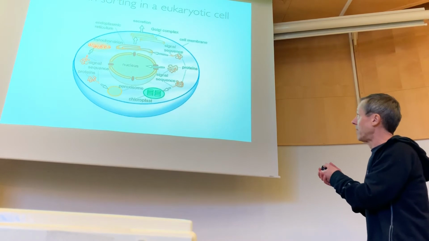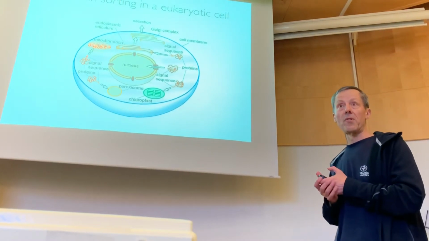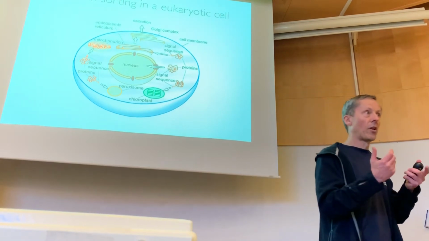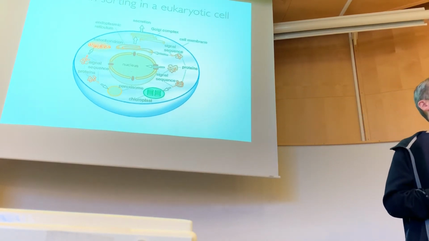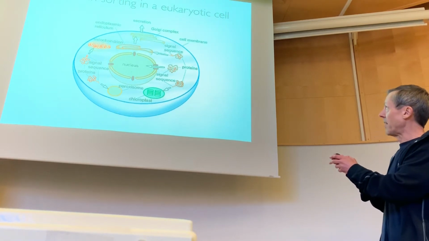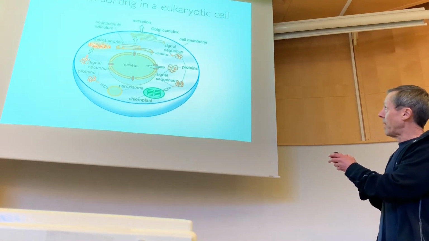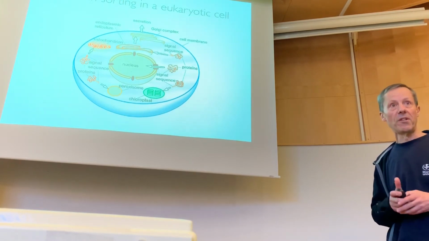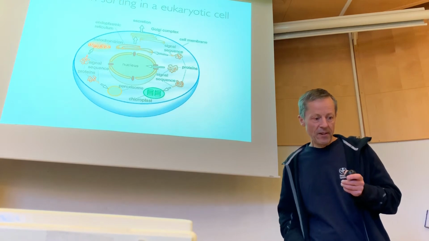And in fact, this signal sequence is then clipped off at a certain stage when the targeting has happened and it's no longer needed. And eventually the protein is then routed through vesicular transport to the plasma membrane, and the protein is secreted. So that's how it works.